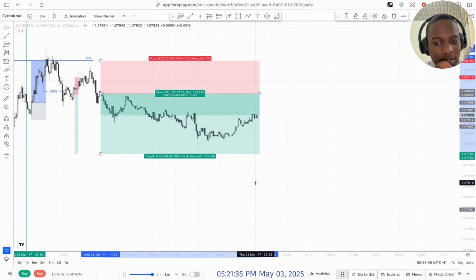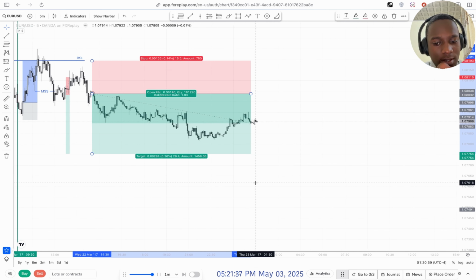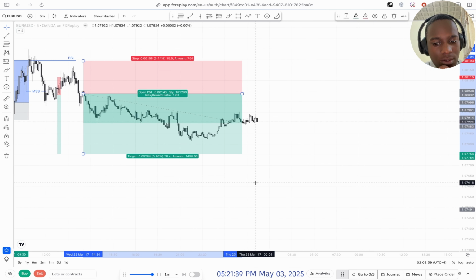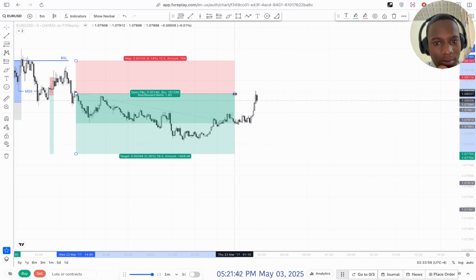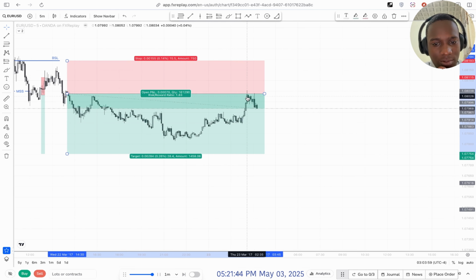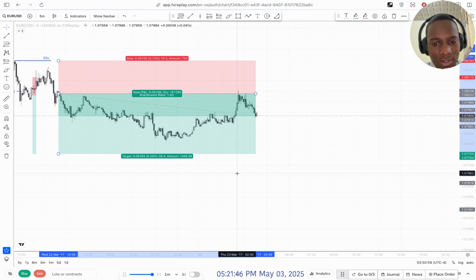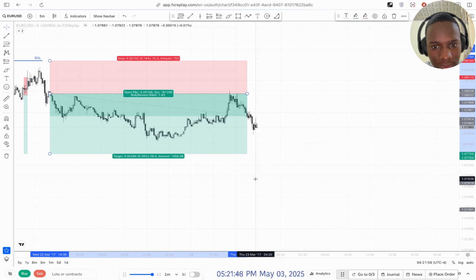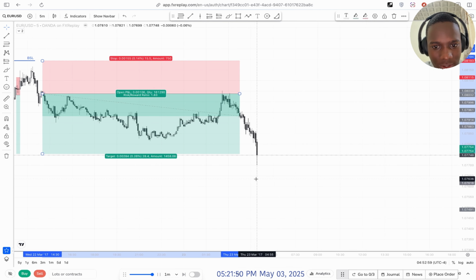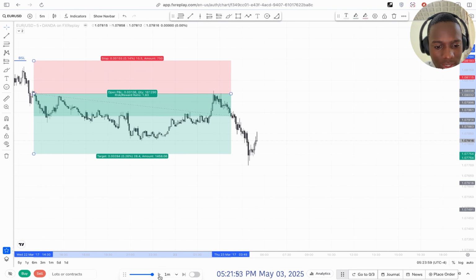Let's see what happens at the start of London. 3, 2, yep, nothing big happened. Okay, you can see the move right here, London open move, and as it consolidates, we might try to analyze what will happen at the start of New York.